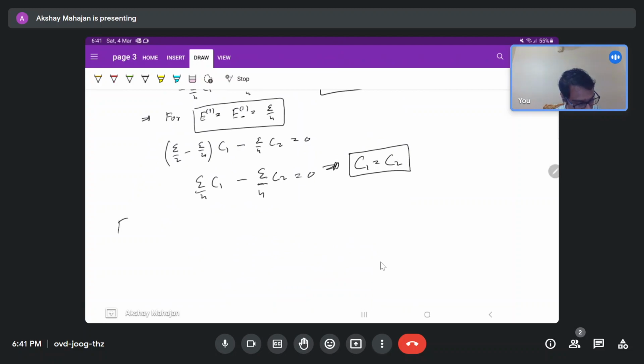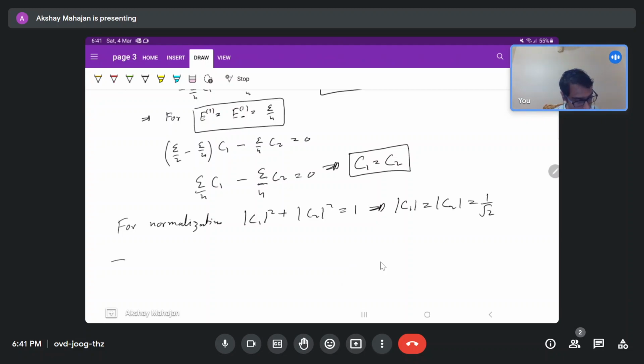All right, and then for normalization, mod of C1 square plus mod of C2 square has to be equal to 1. So here you can check that mod of C1 equals mod of C2 equals 1 by root 2.